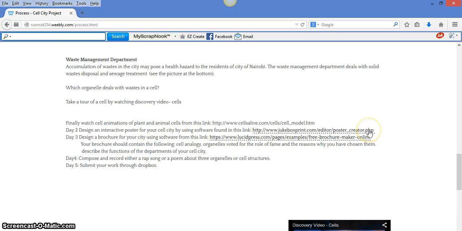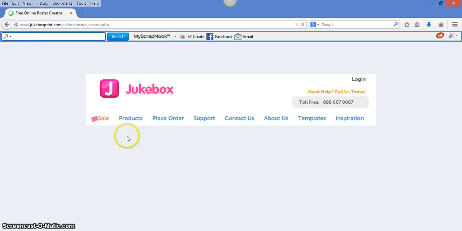The poster, they were going to use this link here, and for the brochure, you can see there's a link there, and then for the poster there is a web tool. This is a free web tool that is available for use, and therefore they were going to use that one to be able to design.